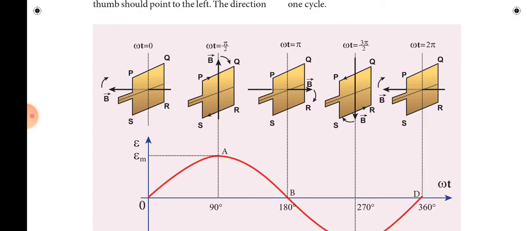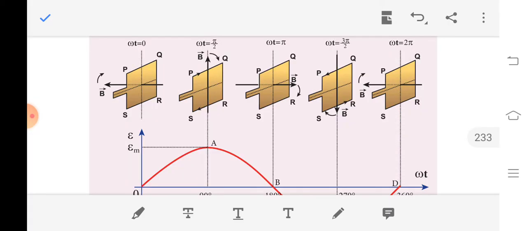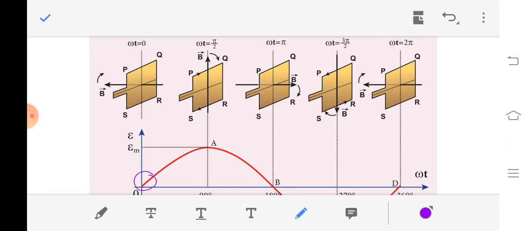In the second, the magnetic field and the coil are parallel, so the induced EMF is maximum at the angle of 90 degrees. Third, when the angle is 180 degrees, the induced EMF is 0, since the field and the coil are perpendicular to each other. In the fourth, the field and coil are along the same direction, which is parallel.